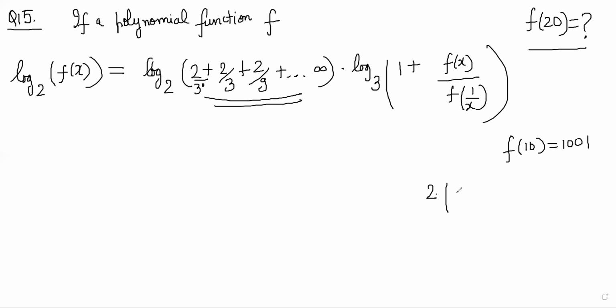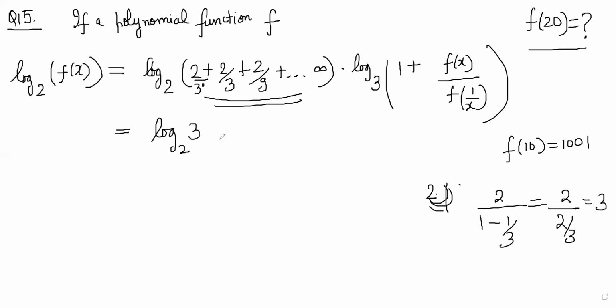So it is 2 by 1 minus 1 by 3, which is 3. So this is log 2 3 times log 3 of 1 plus f(x) by f of 1 by x.